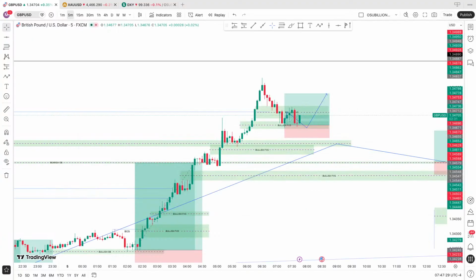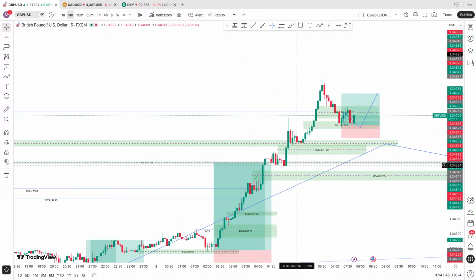So today is NFP, and as I said, those who re-entered or entered during the pullback should be in profit now. Let's see if we actually make money in this setup. Let's see how it goes.